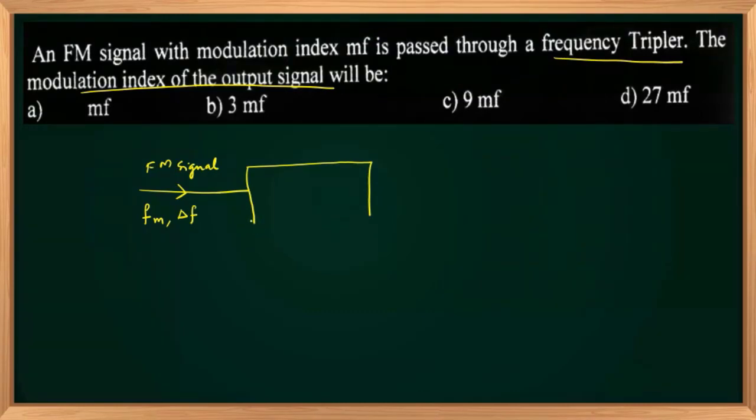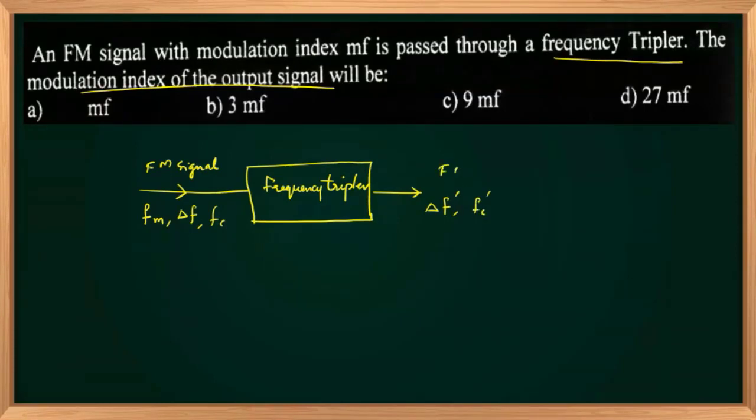Yes, 3MF. Frequency tripler means it will multiply the frequency by 3. So both the deviation in frequency and the carrier frequency FC will be multiplied by 3 times.